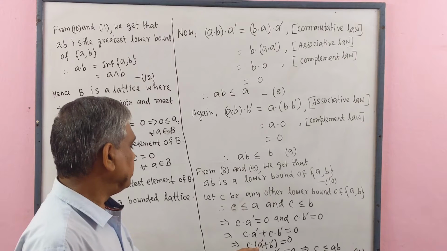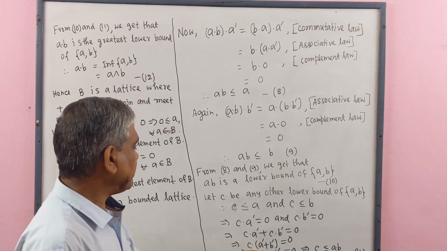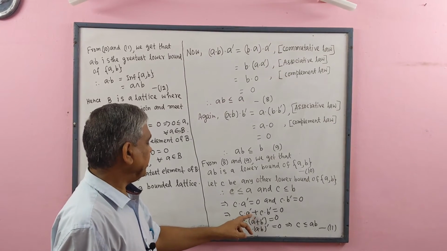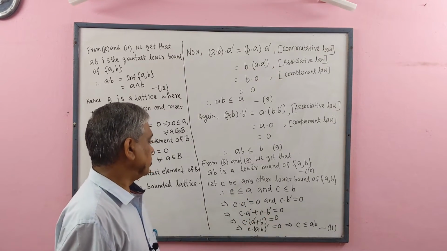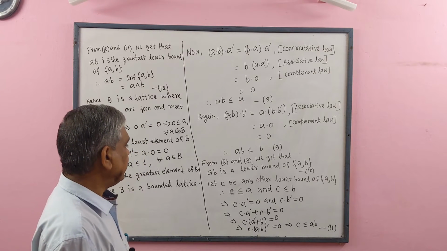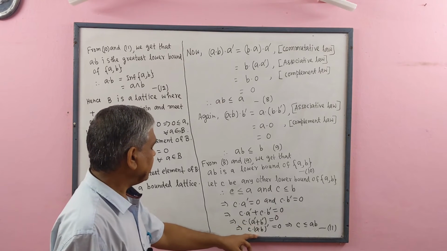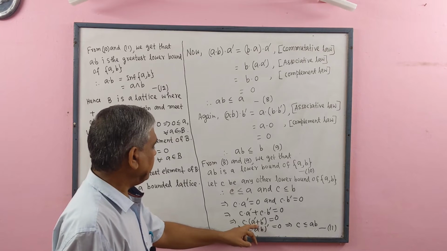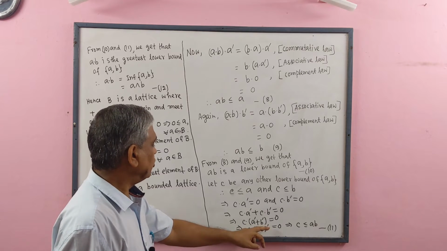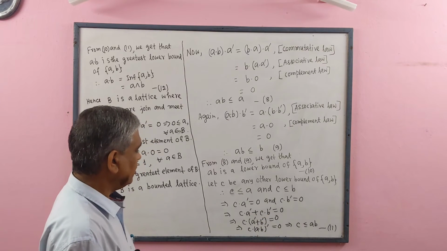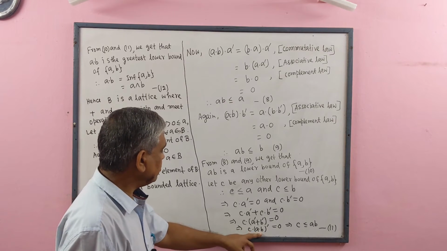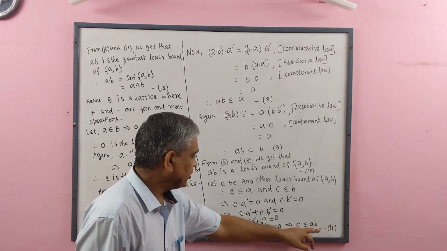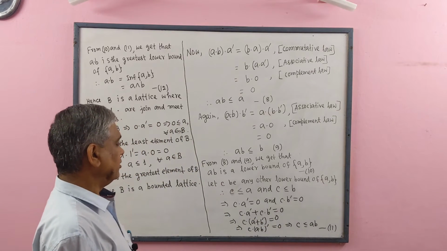By distributive law, here we write C dot (complement of A plus complement of B). This equal to 0. Using De Morgan's law, we get here (A dot B) whole complement. This means C is related to A dot B. This is number 11.